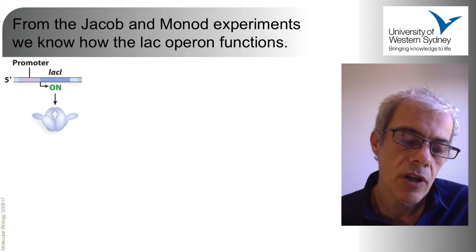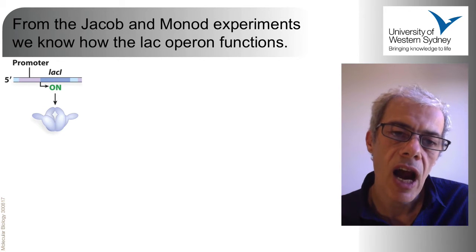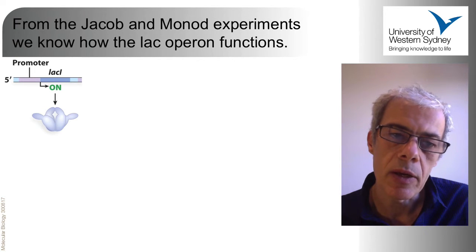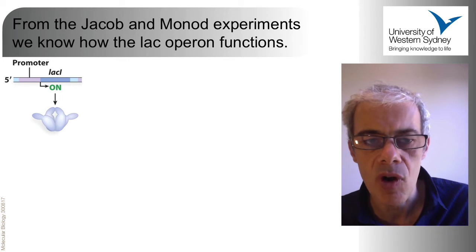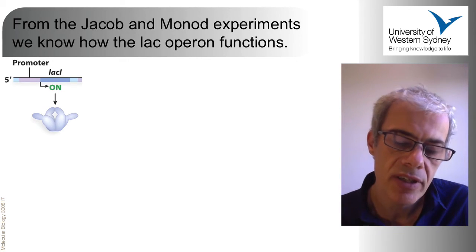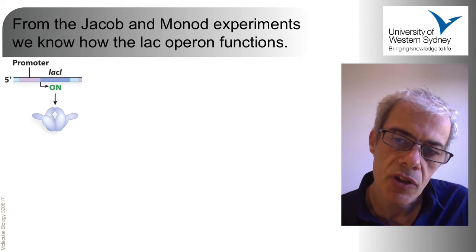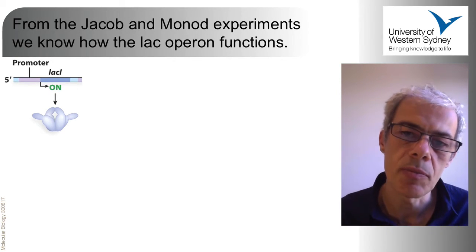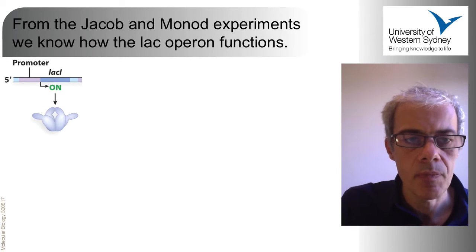And also, if you look at Jacob and Monod's papers, I think they imply that RNA rather than protein was probably what the repressor was. And clearly they were wrong in this instance because we know the Lac repressor is a protein, but it just gives you an insight into how much was known and how they were struggling to put the pieces of the jigsaw puzzle together to really understand what was happening.